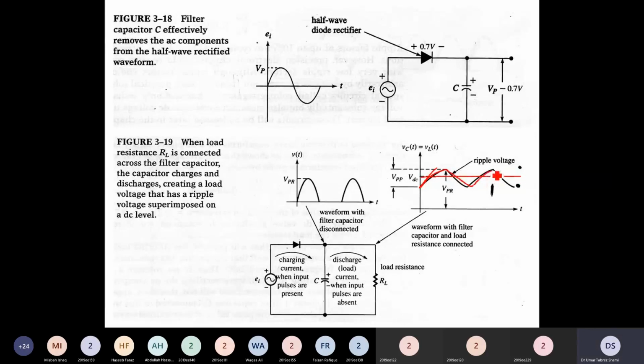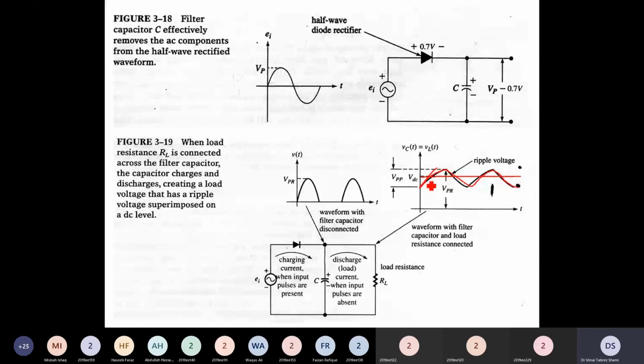This AC component is the ripple voltage superimposed on the DC. And this is our new ripple voltage. When we take the average of the new ripple voltage, we get this straight line.